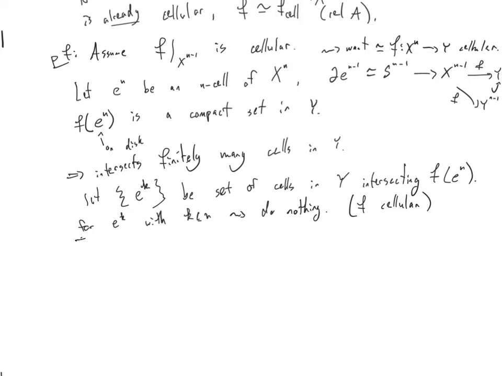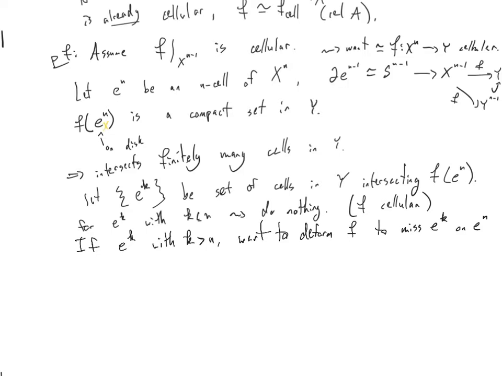If E_k exists with k strictly bigger than n, we want to deform F to miss E_k on E_n. And I kind of apologize that these are all using the same notation.